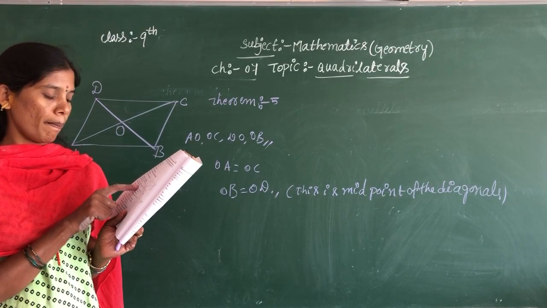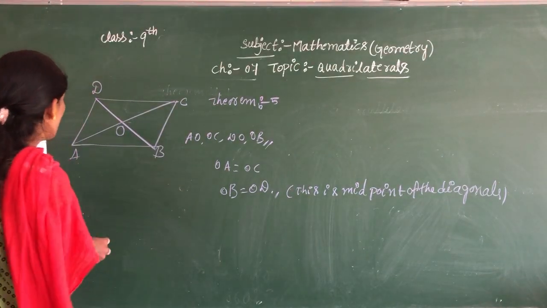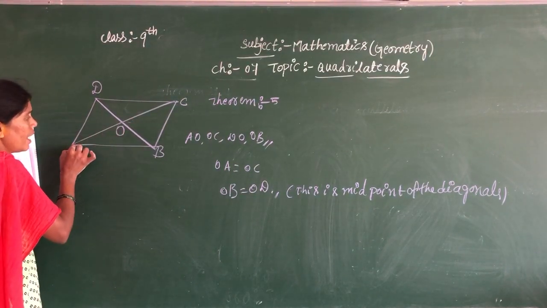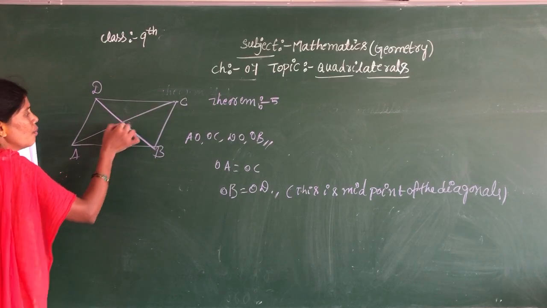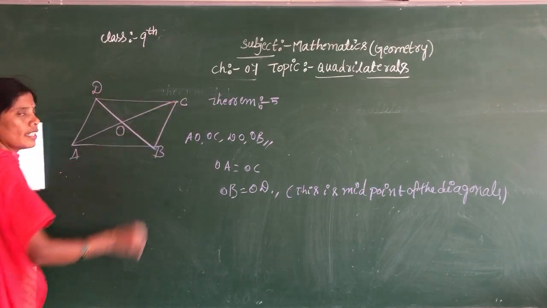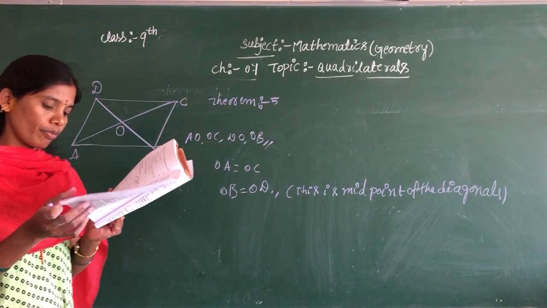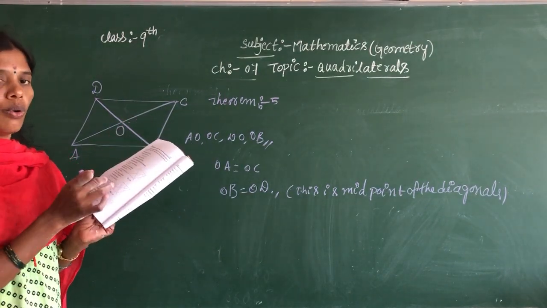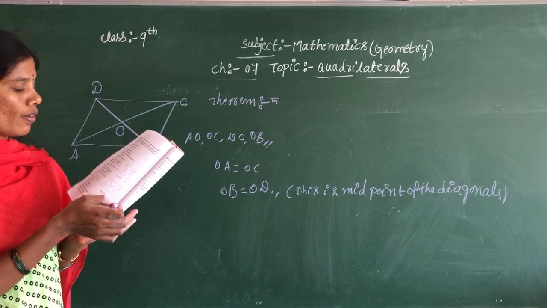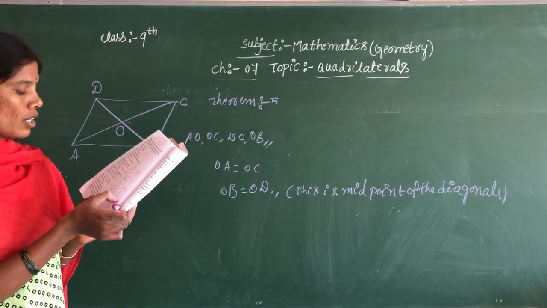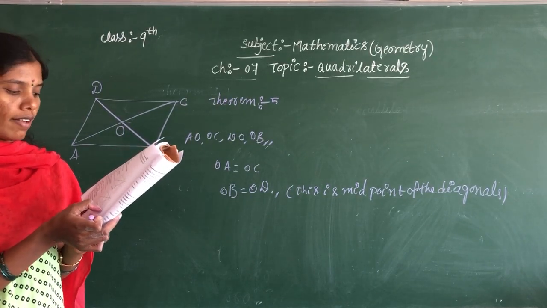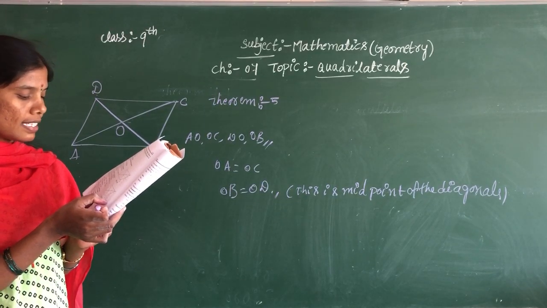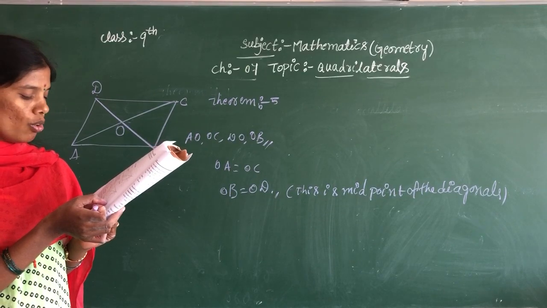It is given below: the diagonals bisect at the points A, O, B and O, D, C. It is the vice versa of theorem 7.5. Okay children, now next we shall go to 7.7. If the diagonals of a quadrilateral bisect each other, then it is a parallelogram.